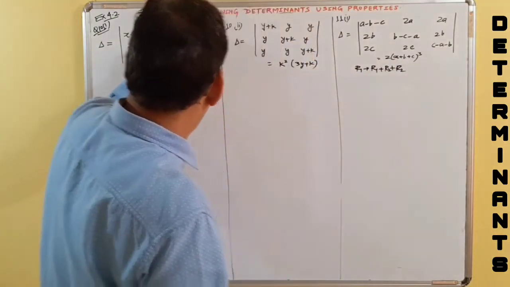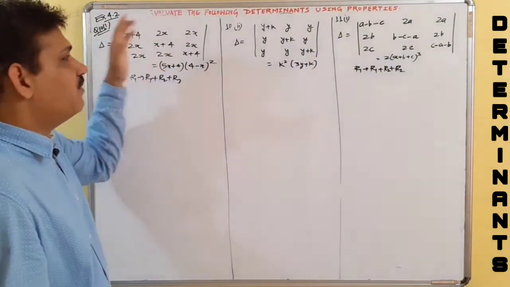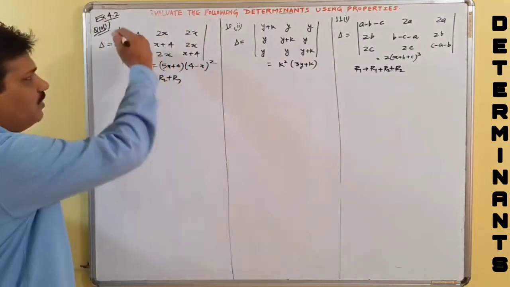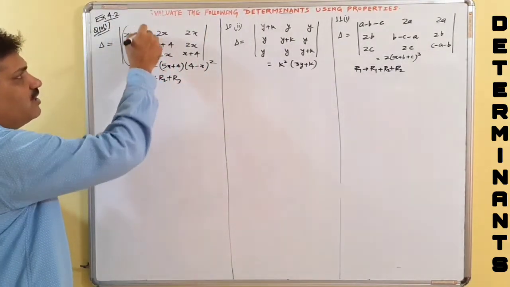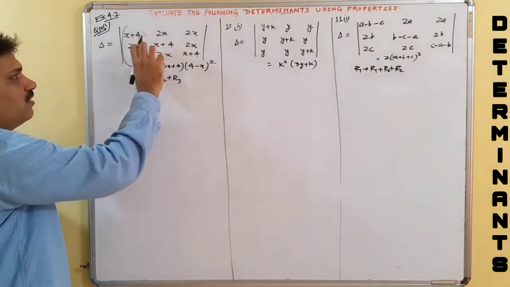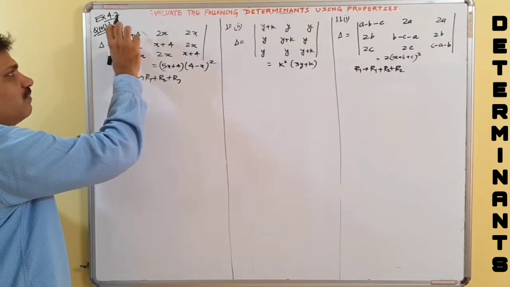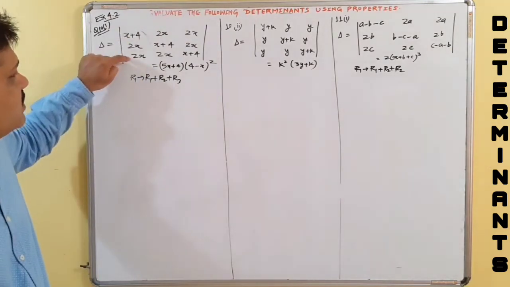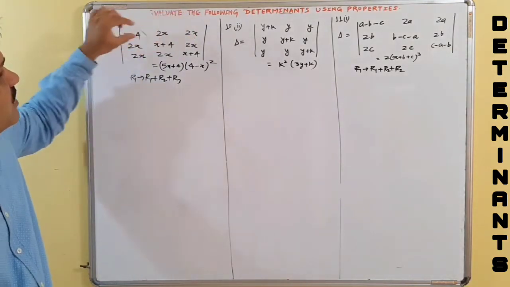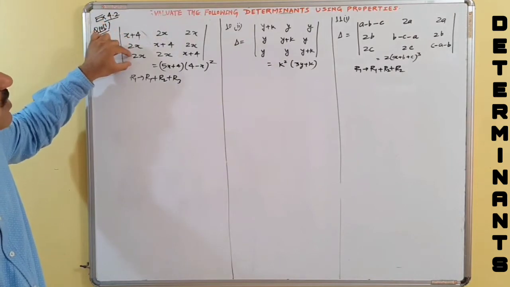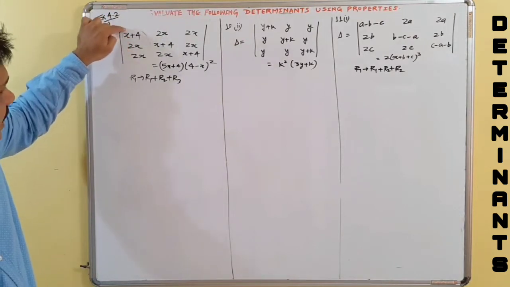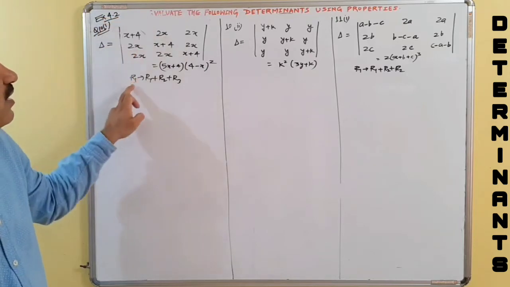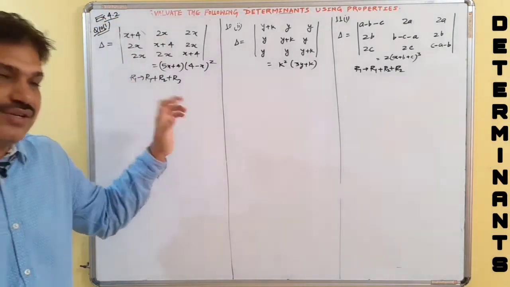If we are adding all the elements of a row, that means we are applying column wise. Here we are adding all the elements of a column, that means we are applying the transformation in row. If I need to add this, that means R1 will be transformed as R1 plus R2 plus R3.